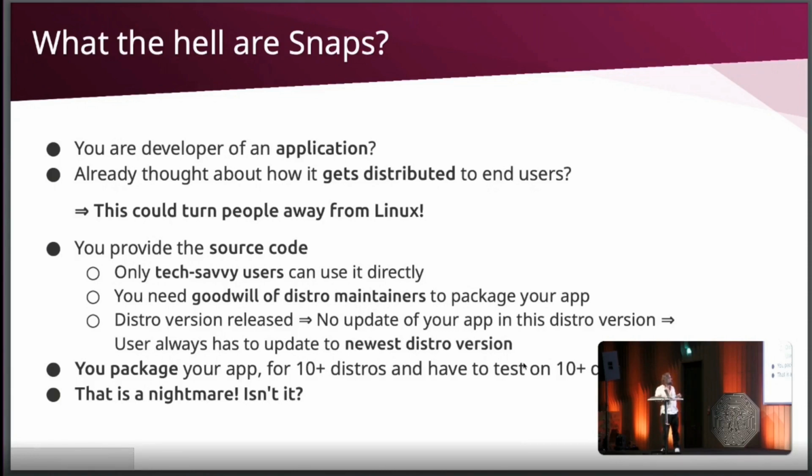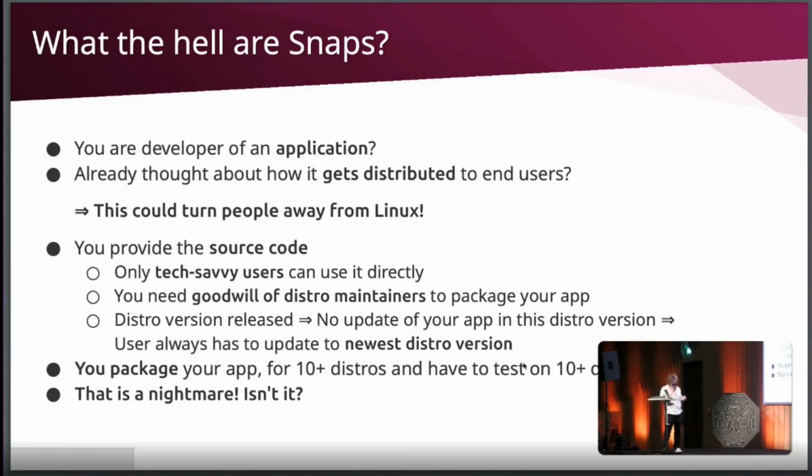Then you think about how it gets distributed, and this is the step where potential users of Linux and free software can be turned away. Look at the source code: most people do not know what to do with source code, so only tech-savvy users can directly install from source.